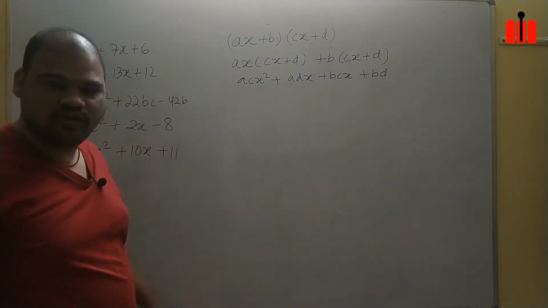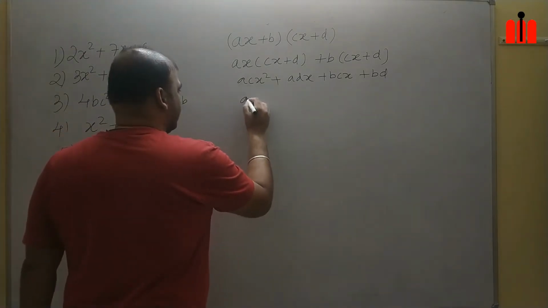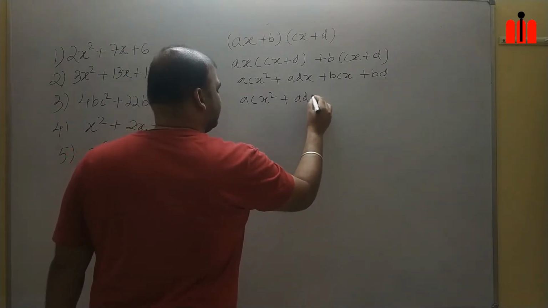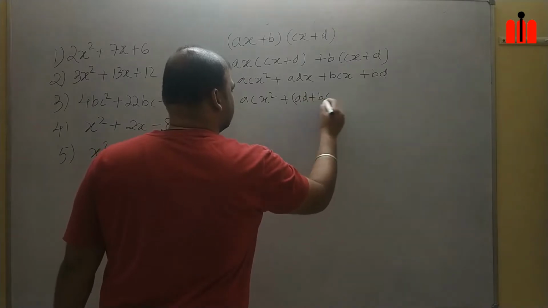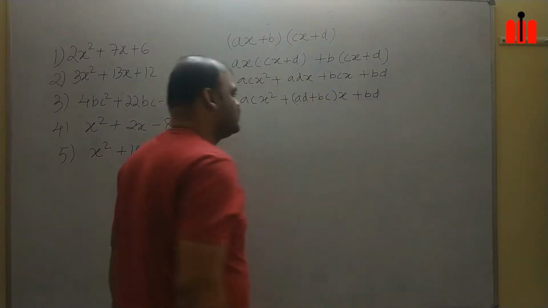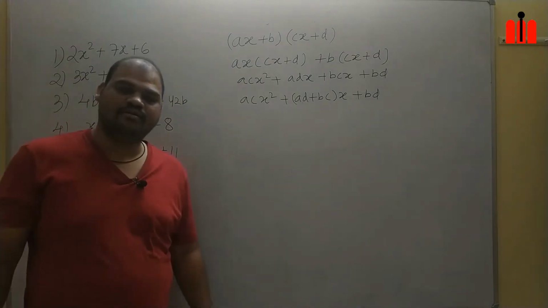So ac x square plus (ad + bc) x plus bd. Okay, are you getting it?